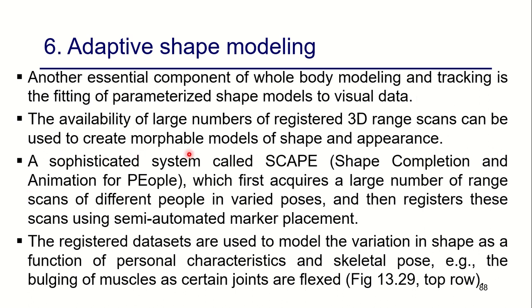A sophisticated system called SCAPE, which is shape completion and animation for people, first acquires a large number of range scans of different people in varied poses and then registers these scans using semi-automated marker placement. The registered data sets are used to model the variation in shape as a function of personal characteristics and skeletal pose, for example, the bulging of muscles as certain joints are flexed.